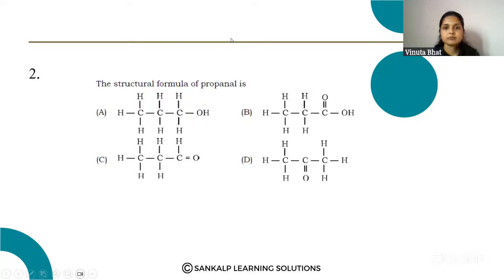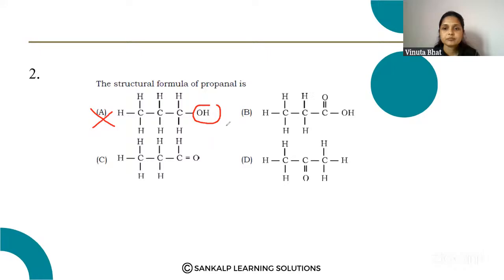Next question. The structural formula of propanol is: the structural formula of propanol contains the alcohol group, the OH group. See options A, B, C and D. In option A, the OH group is directly attached, so that is wrong.